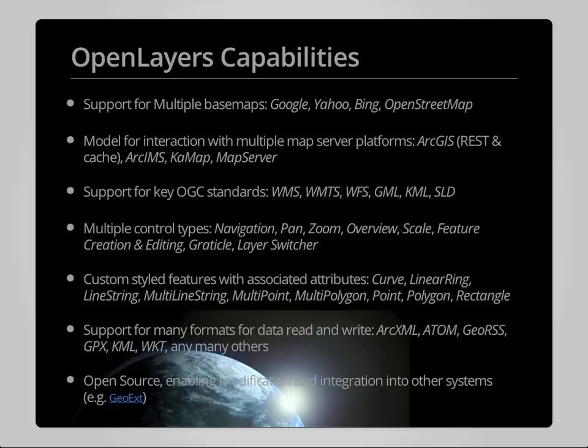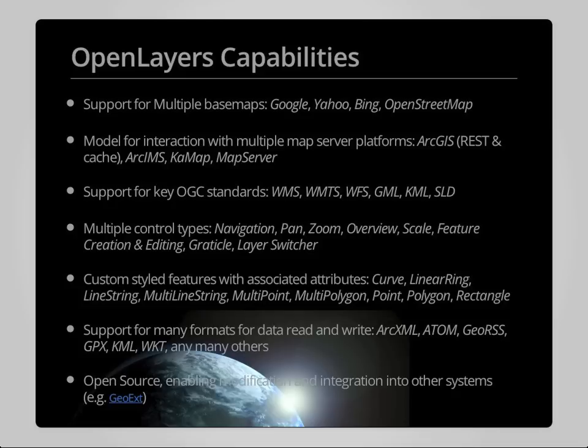There is also the ability to actually create custom-styled features with associated attributes using the OpenLayers JavaScript framework. So you can actually programmatically build those features and link attributes to them within OpenLayers, within your web mapping client. And these custom features can be created and edited using the feature creation and editing control that I just finished describing a moment ago.